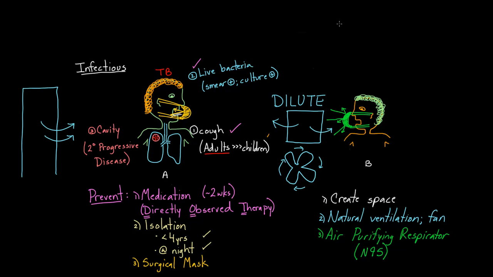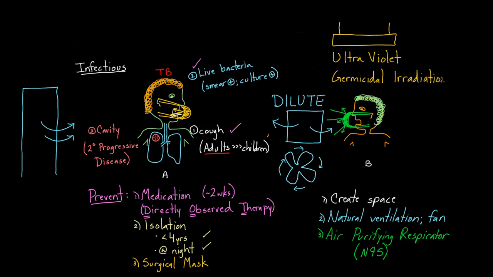Now, a couple more things that you might see that are slightly more expensive, but you might come across them or at least hear about them. One is called ultraviolet germicidal irradiation. Let's see if you can guess how this works or what it does. Cidal means killing something. A lot of times people will just shorten this whole thing to UVGI.